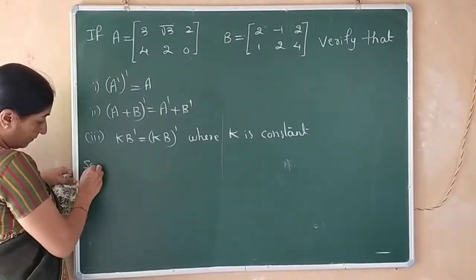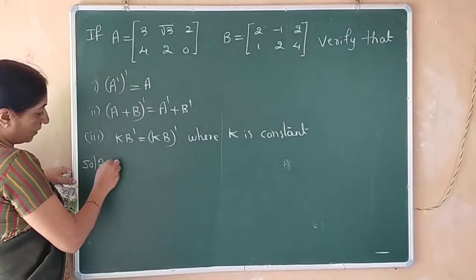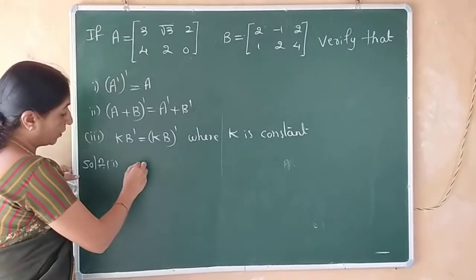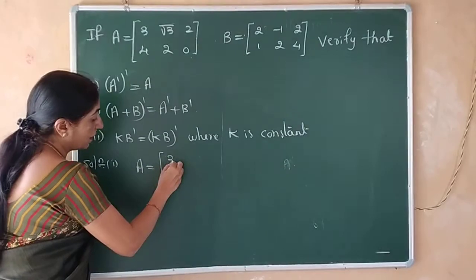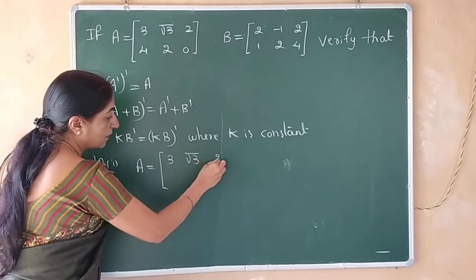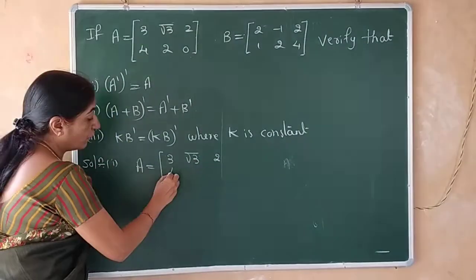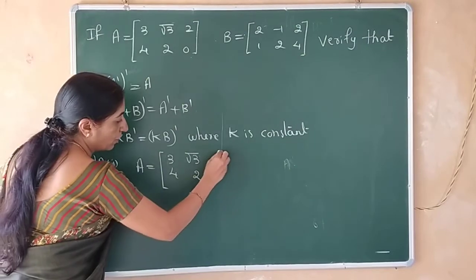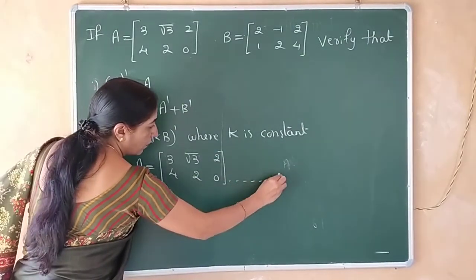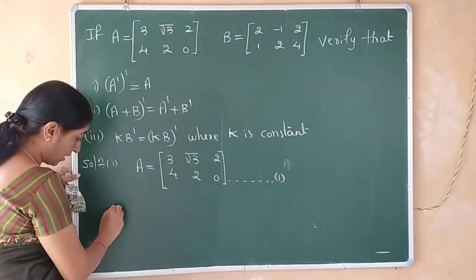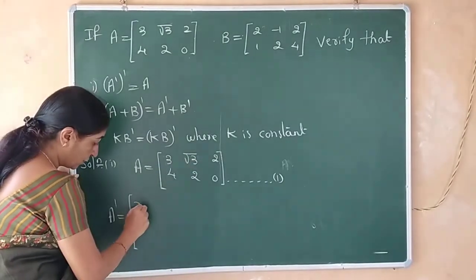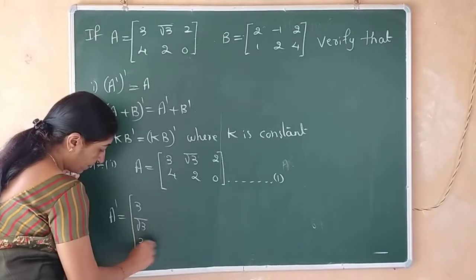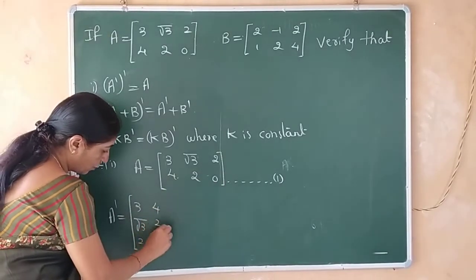See the first one. In the first one, first we have to write the given matrix A as it is: 3, root 3, 2, then 4, 2, 0. Let us call this equation 1 and write the transpose of this. When you write the transpose, the row changes to column, and column changes to row.